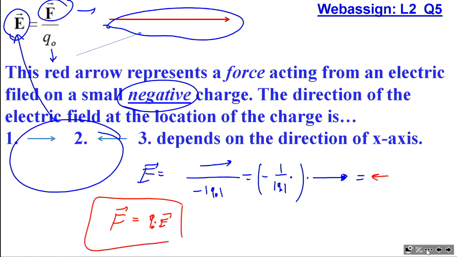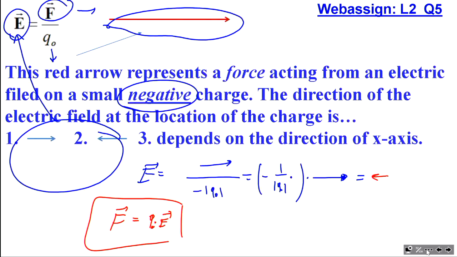And from this expression, which relates a charge located somewhere, electric field acting on that charge at that location, and the force generated, provided, exerted by that electric field, because we are multiplying a vector and a number, the result depends on the number.